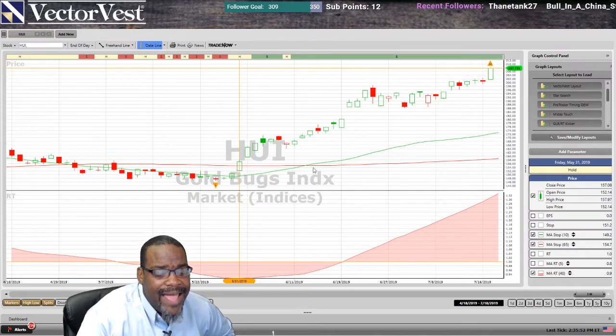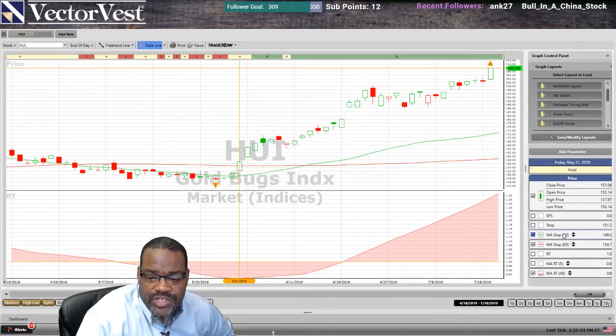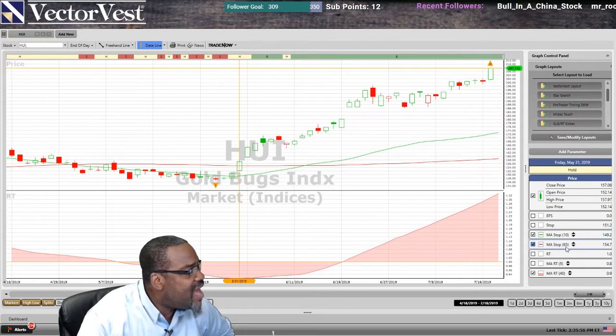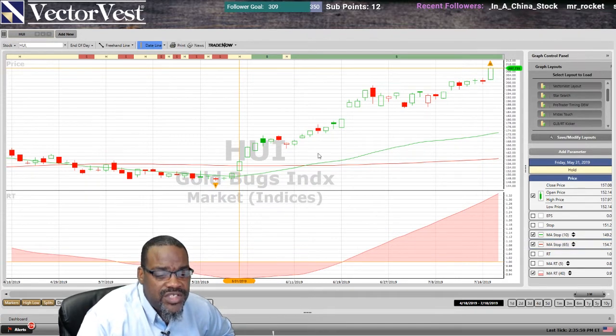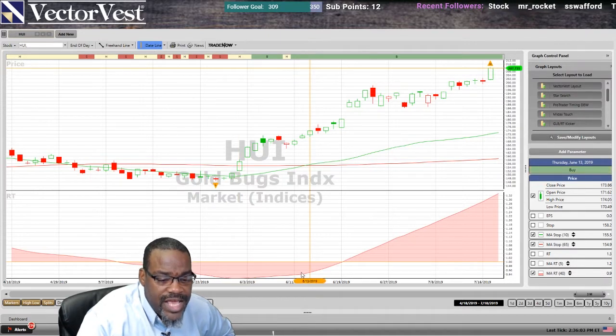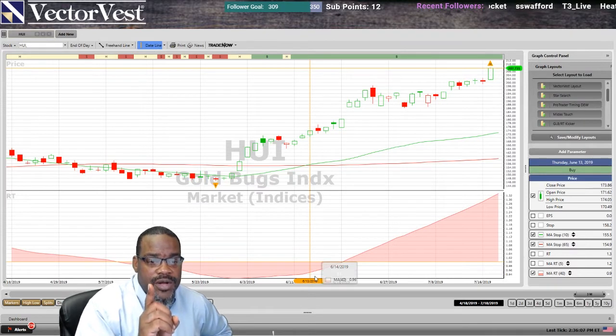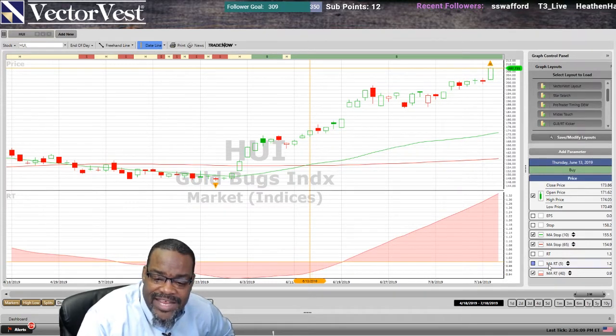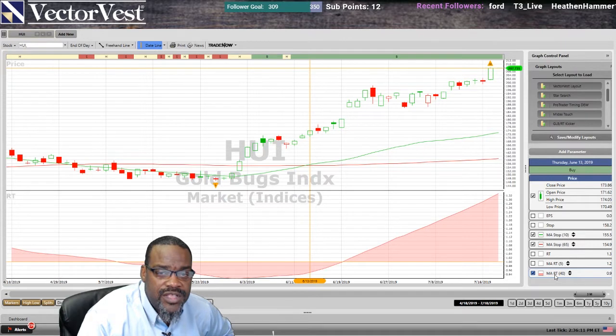Now, when did that happen? We're looking for the two moving averages, which are a 10 and a 65 period moving average of the stop price of the HUI. We're waiting for it to cross, and it crossed on 6/13 of 2019. But wait, there's more. What we also need is the indicator that looks at the short-term price trend of the stock, the moving average of it, to go above 1, and it did right here.